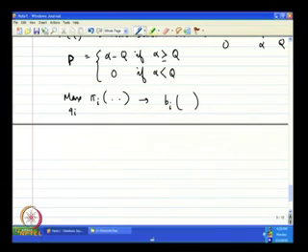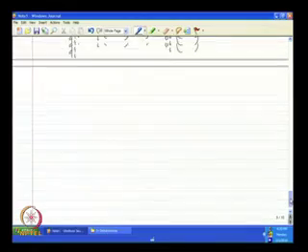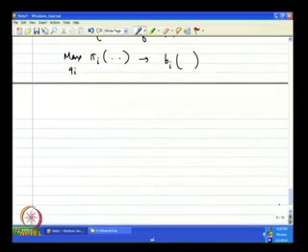And so, we get the best response functions of these two players, there are only two players here, and try to find out what the equilibrium is. So, that is the strategy of approaching this problem.